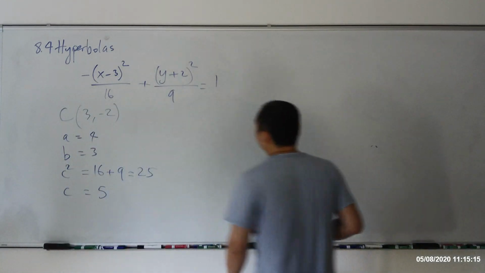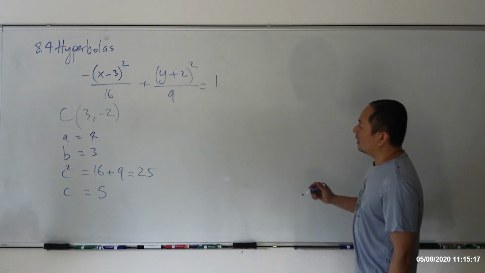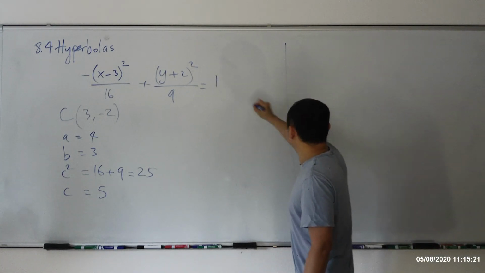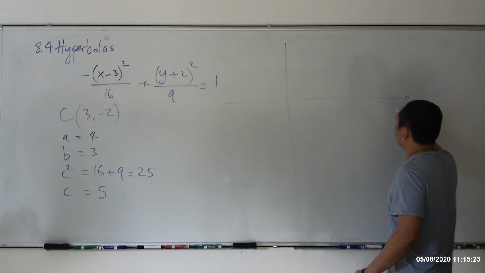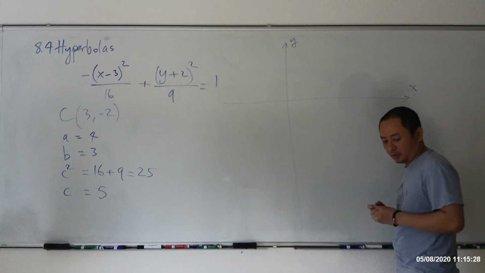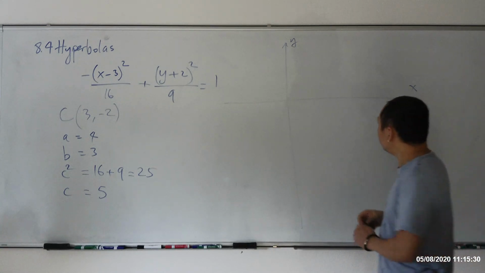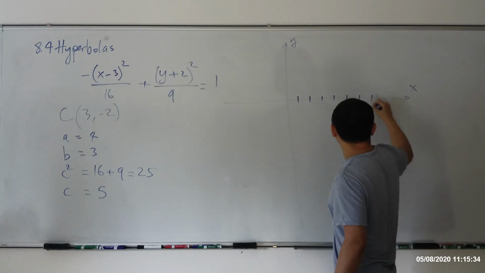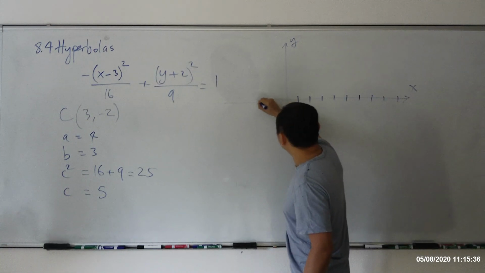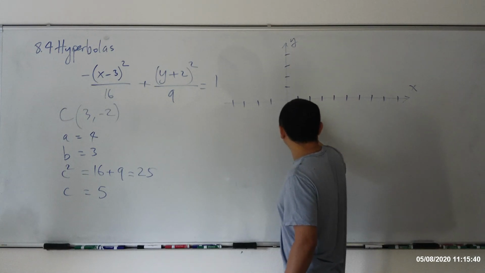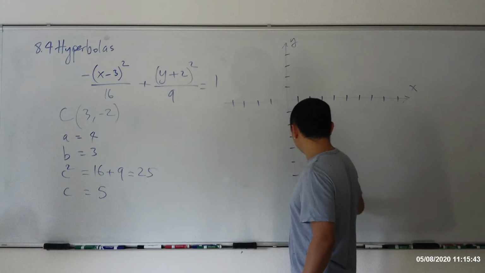It's going to be a big one, so let me see. The center is at (3, -2). We draw this way. This is my y-axis, this is my x-axis. Let me mark the units.